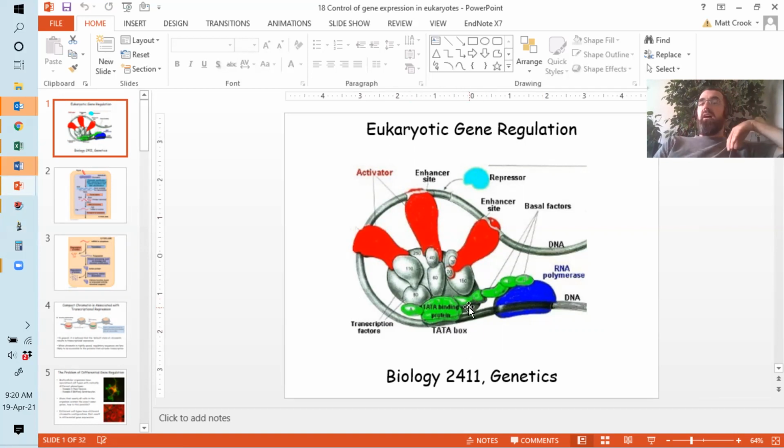We have repressors, which compete with enhancers and may even occlude some of the RNA polymerase binding sites. There's a lot going on, even just at the level of transcription.